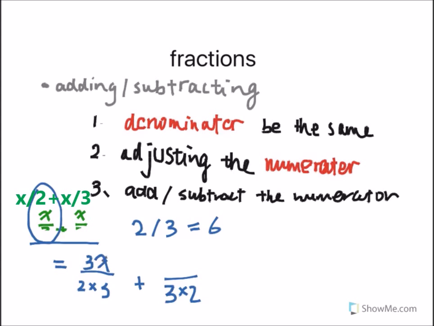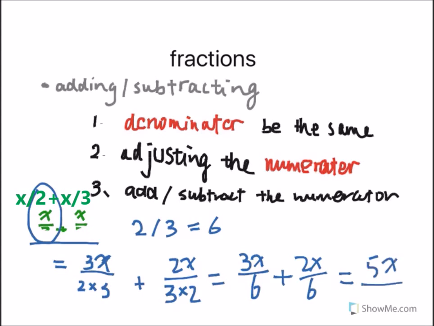Now the second fraction, the denominator has been multiplied by 2, so the numerator has to be multiplied by 2 as well. So it's 2x. And now you get 3x over 6 plus 2x over 6. And last step, you can add or subtract the numerators. So it's 3x plus 2x, 5x, and the denominator is 6.